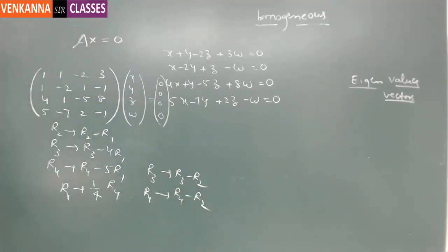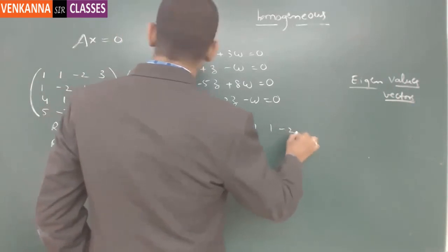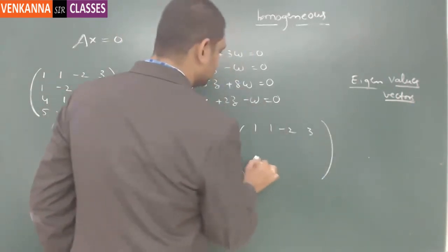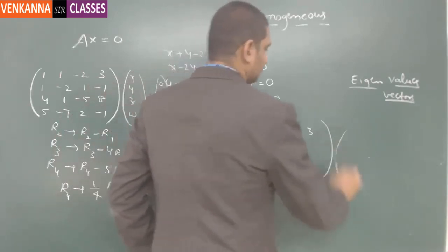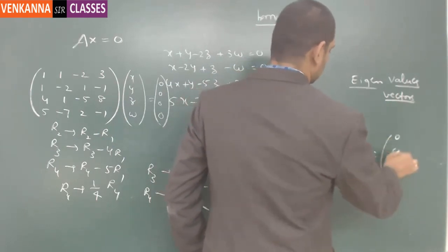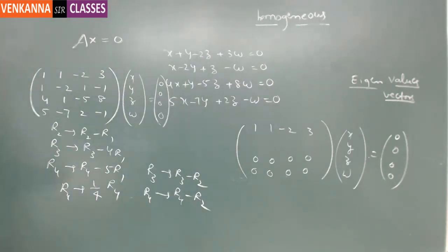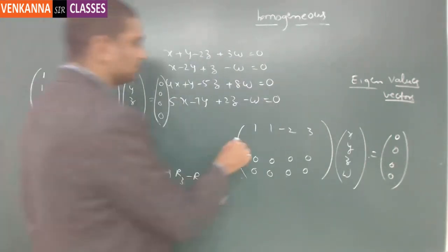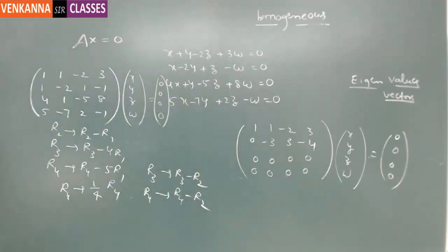However, you can practice simultaneously in the problem. So you are going to get 1, 1, minus 2, 3, and the second row will be 0, minus 3, 3, minus 4. Please check that. After taking confirmation from your side, I will move ahead.